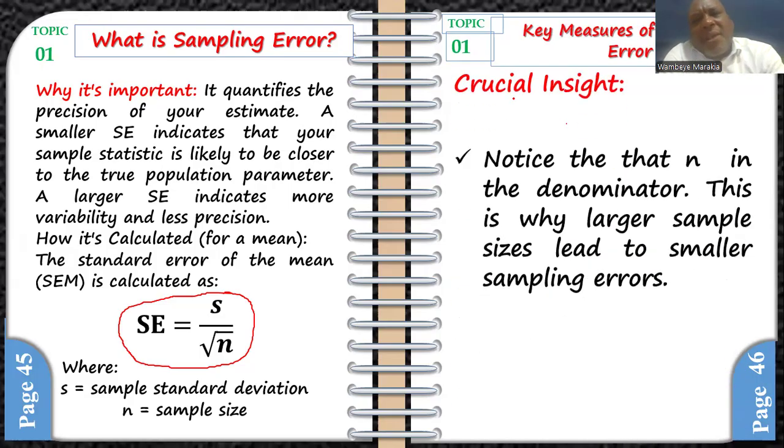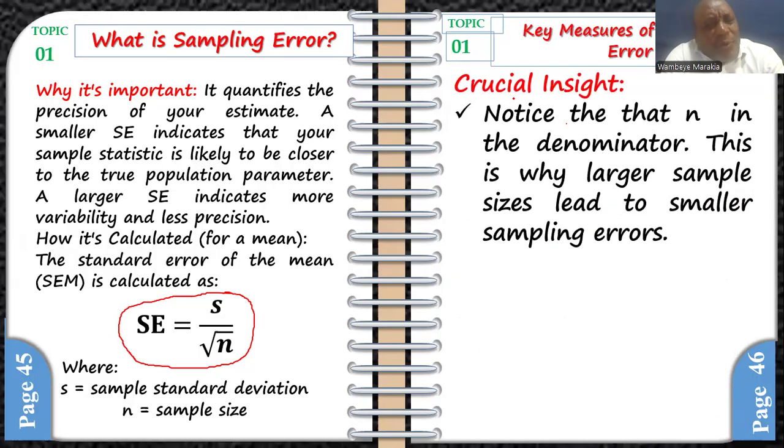Now, let's see some crucial insight from this formula. You should notice that n, which is the sample size, is a denominator.